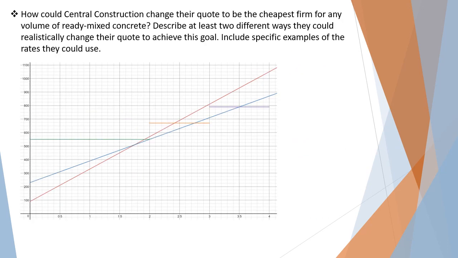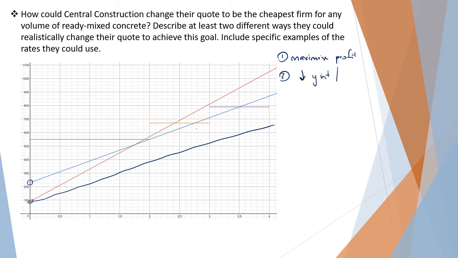Here what you're trying to do is maximize the profit that they can grab. So you don't want to just go from there down to there and charge the same rate, because that's not going to maximize your profits over here. That's the one step. Second step, you can do that by lowering the y-intercept, in other words the one-off charge.